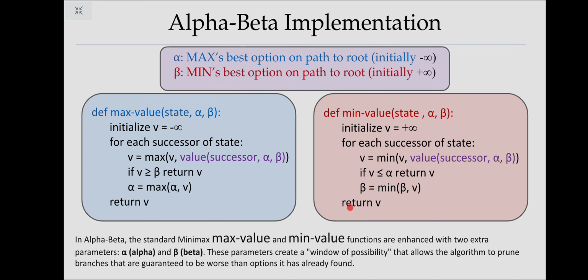And again, we have two boxes, a blue box for the max player and a red box for the min player. In both of the definitions of max value and min value, we enhance the performance by augmenting alpha and beta in the arguments.